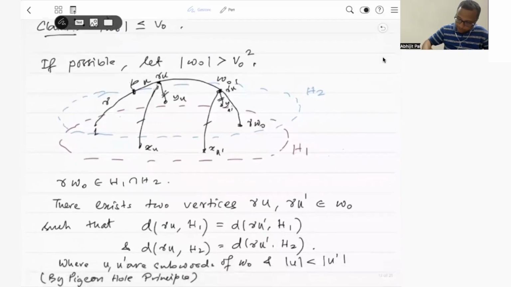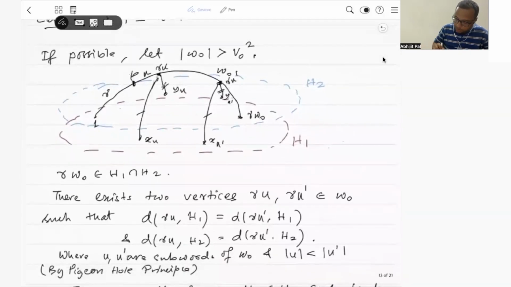And by the pigeonhole principle, we'll get two vertices, gamma u and gamma u prime, belonging to this W naught, such that the distance of gamma u to H1 is equal to the distance between gamma u prime and H1, and the distance between gamma u and H2 is equal to the distance between gamma u prime and H2.